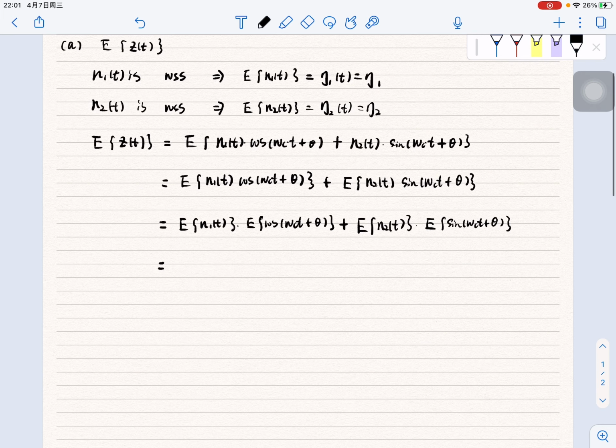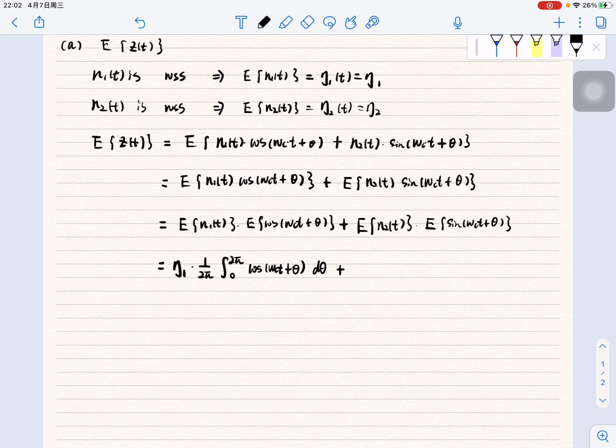And then we can replace it with eta1 multiplied by 1 over 2 pi, the integration from 0 to 2 pi d theta, of cosine omega c t plus theta.